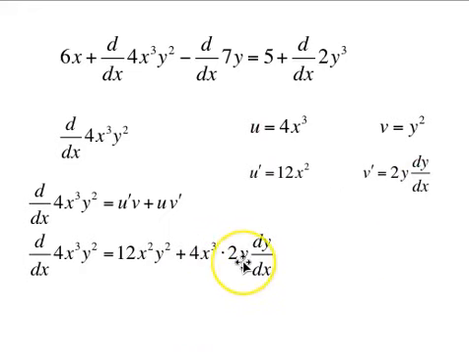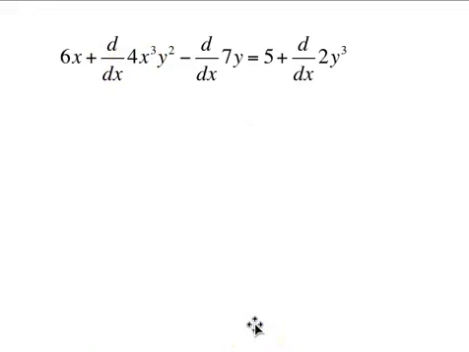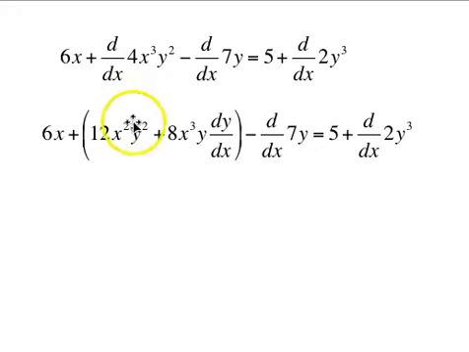And of course, 4x cubed times 2y would be 8x cubed y dy/dx. So for this piece, the derivative with respect to x of 4x cubed y squared, we will substitute 12x squared y squared plus 8x cubed y dy/dx. Here is that piece being substituted.